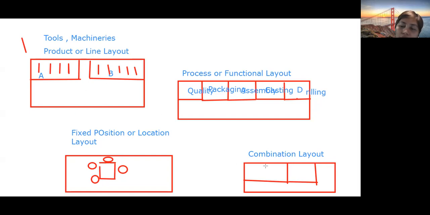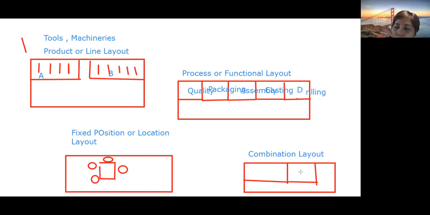So if the products are standardized and there is a large demand for the product to be made, then there will be a department which caters to that and will have the product layout.